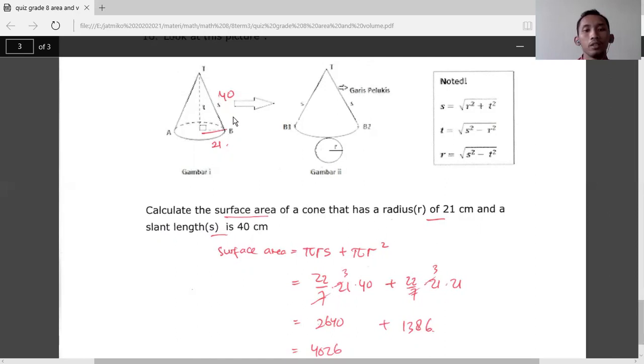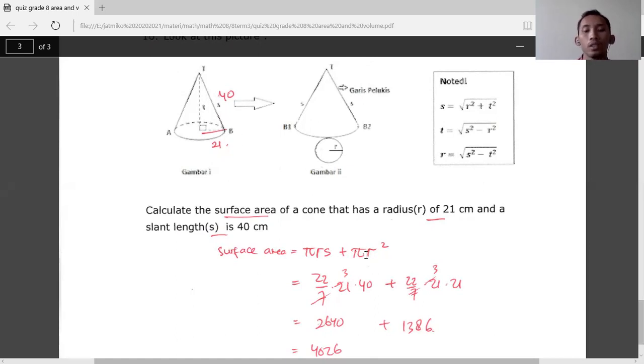The surface area means the base area, which is a circle, plus the lateral area cover. The circle is pi r squared, and the lateral area is pi r s. So you just need to calculate it one by one. 22 over 7, r is 21, and s is 40.